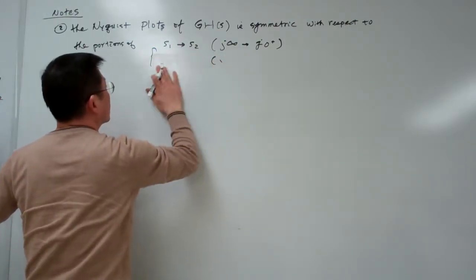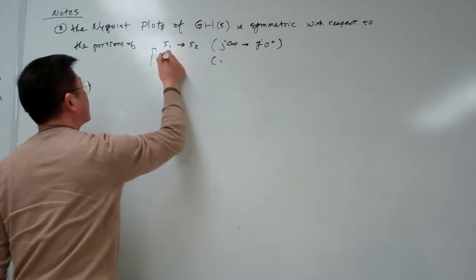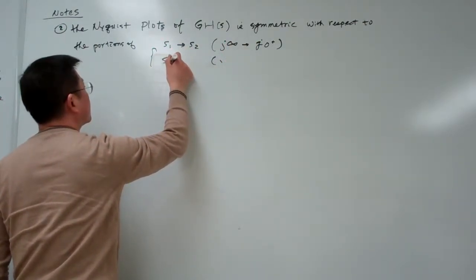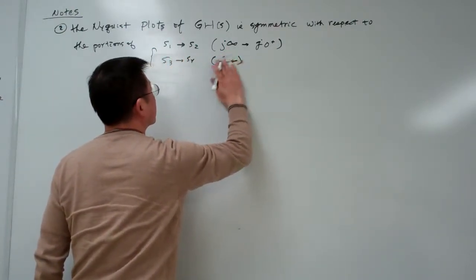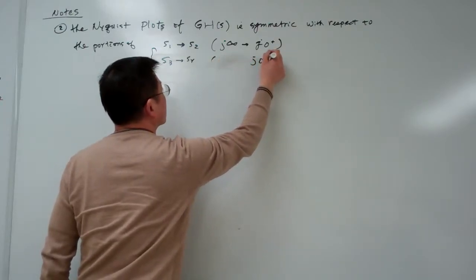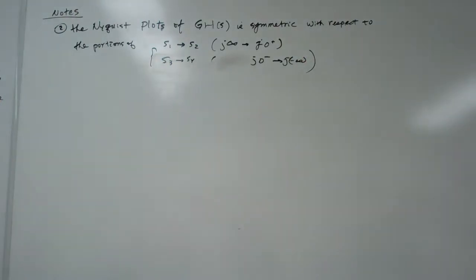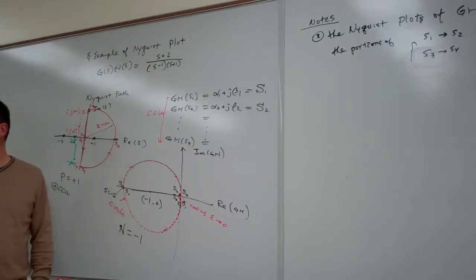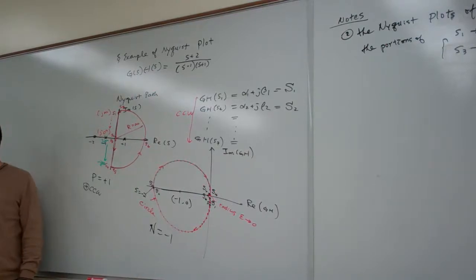How to say this one? You know what I mean, okay? So please use your own words. What I mean is simply that the plot corresponding to this portion is basically symmetric to that one. Please use your own language and write down something you understand.